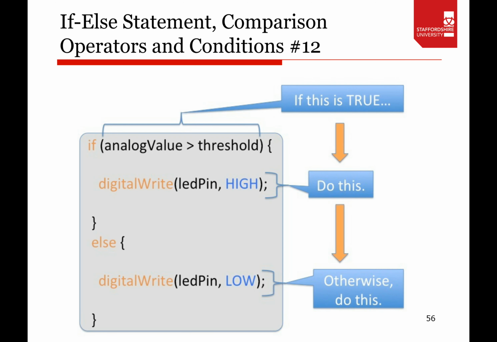So in general terms, if this condition is true, do one thing. If it is false, do something else. If it's not true, it's got to be false, so do this.